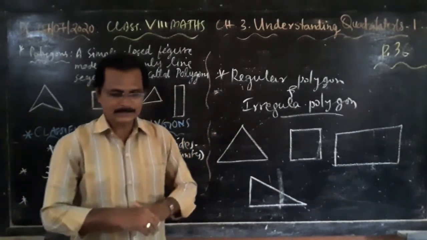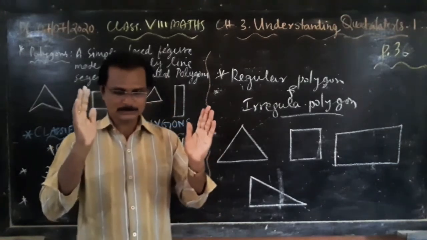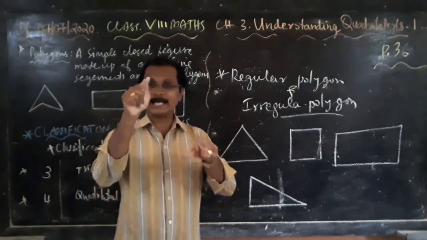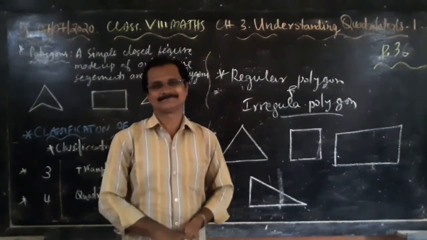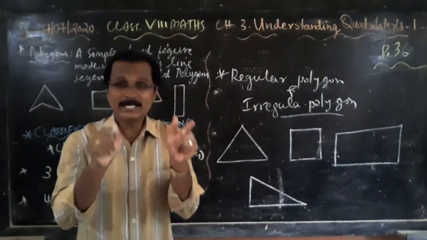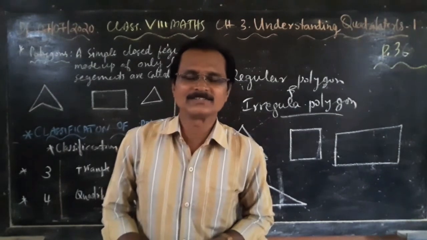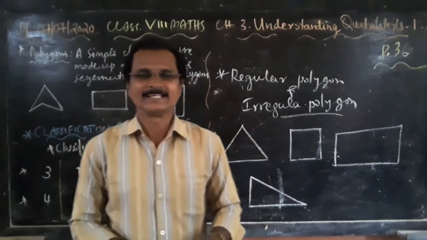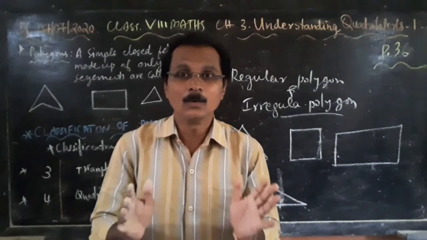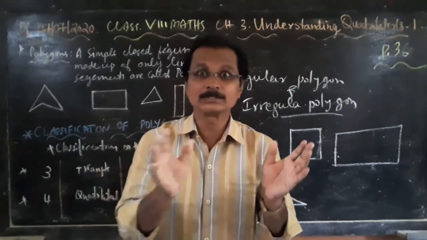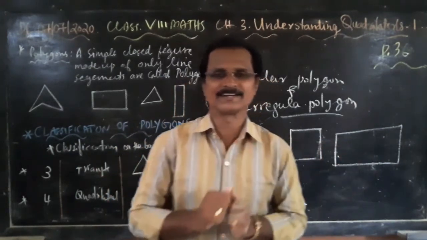A regular polygon is both equiangular and equilateral. What is equiangular? Equiangular means all the angles have equal measures.